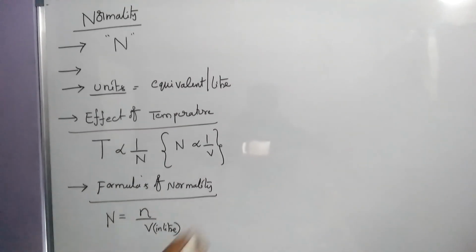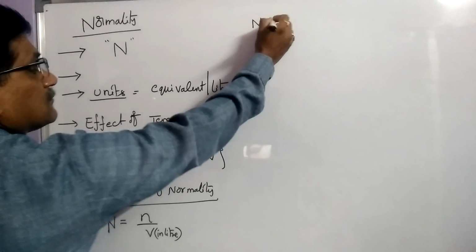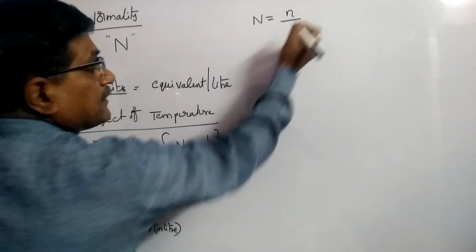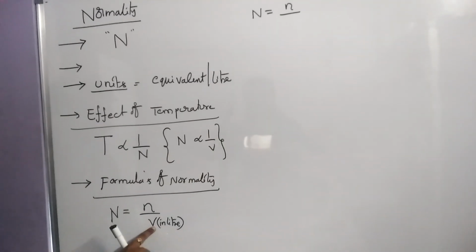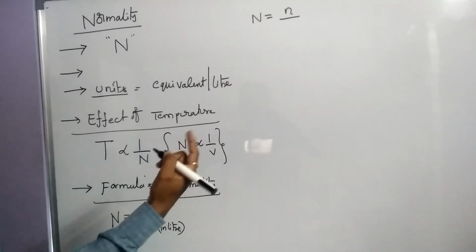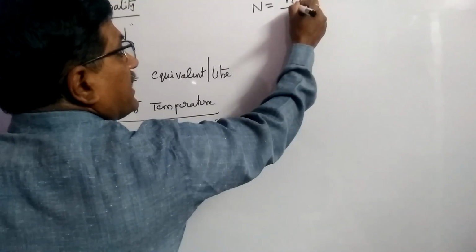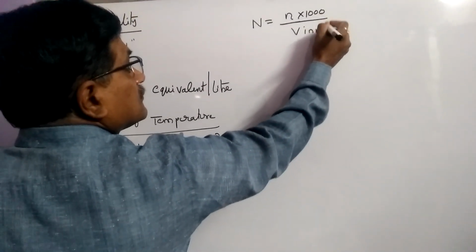N is equal to gram equivalent per volume, here expressed in milliliters. If you express it in milliliters, it is multiplied by 1000 by volume in ml.